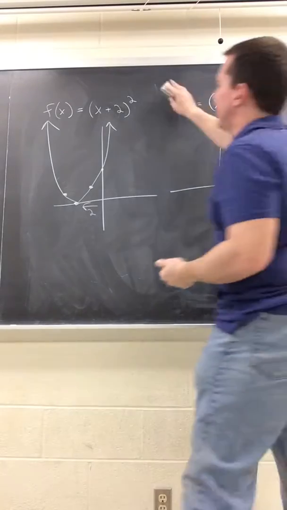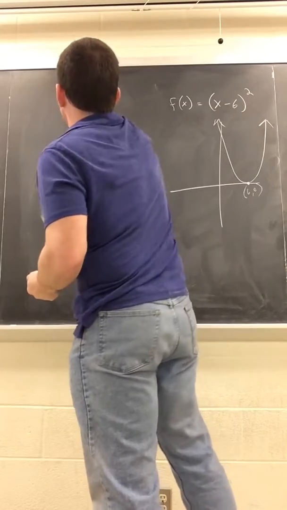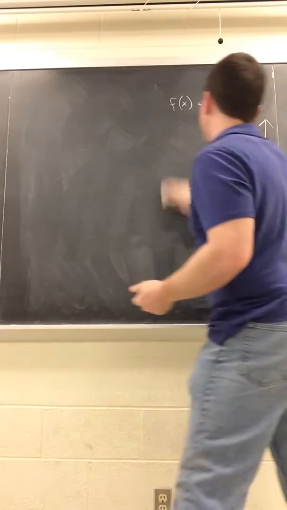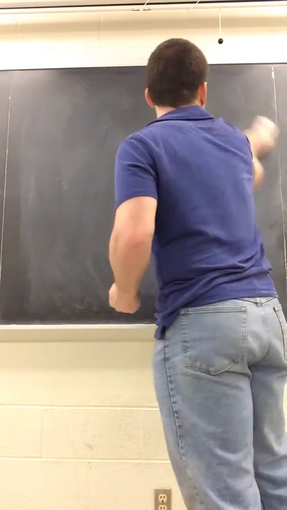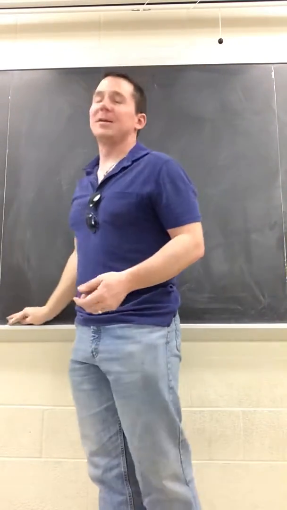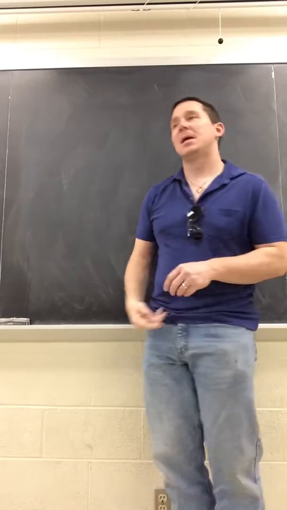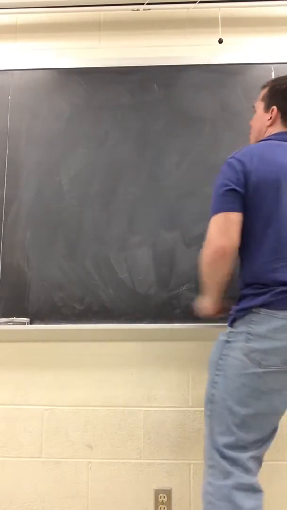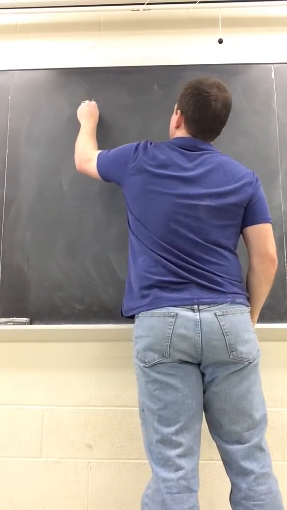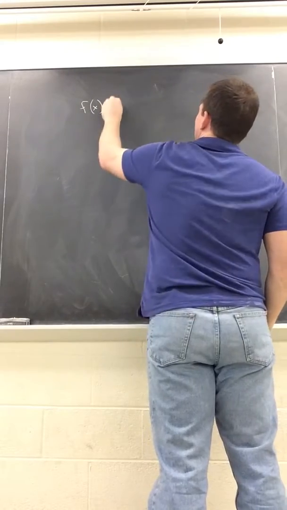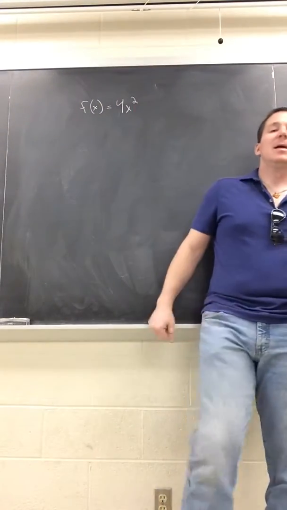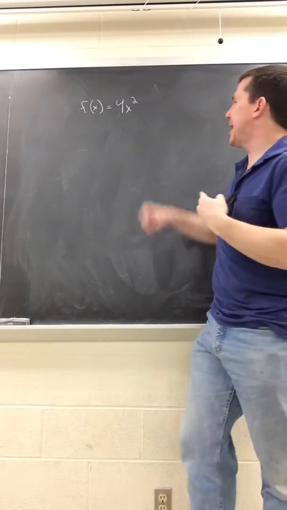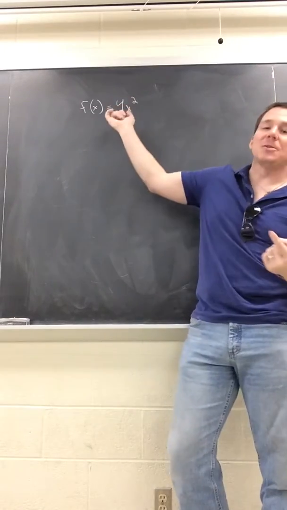So now we basically have two different transformations. If we add or subtract outside of our function, it shifts it vertically. If we add or subtract inside of our function, it shifts it horizontally. Next, we can look at something like this. f of x equals 4x squared. One key point to recognize, this 4 is outside of the function.